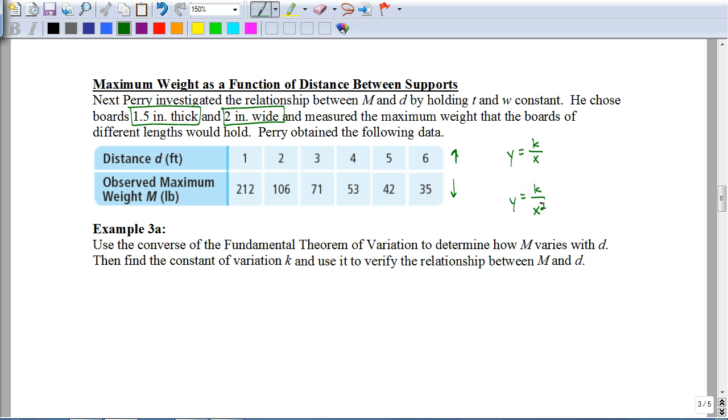Now remember, this is all going back to lesson 2.3, that fundamental theorem of variation. That's what we're doing at this point. Remember, whatever happens to x, the opposite happens to y to the nth power. So let's say I use 1 and 4 in this case. Whatever happens to x, the opposite's going to happen to y.